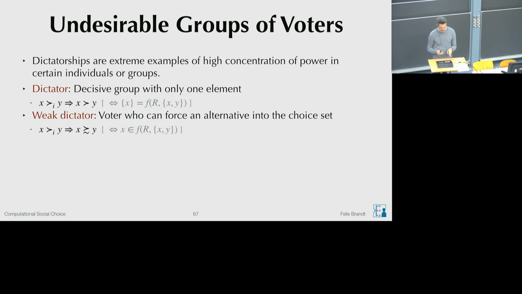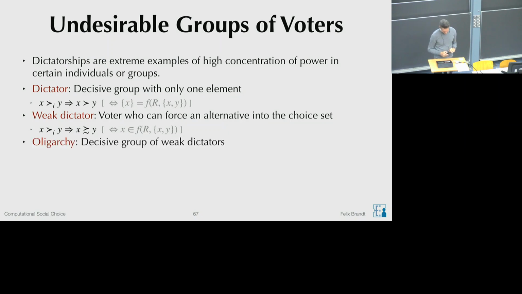So there are two possible consequences for weak dictators: x is selected, and x and y are selected. It's only ruled out that y is selected only. A weak dictator is weaker than a dictator, and because we are usually interested in not having dictators, this ordering is reversed. Not having a weak dictator is stronger than not having a dictator.